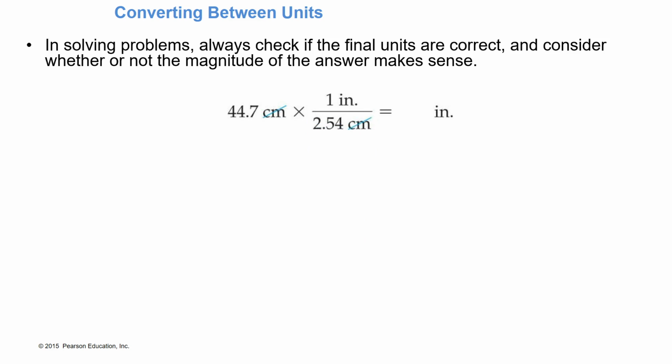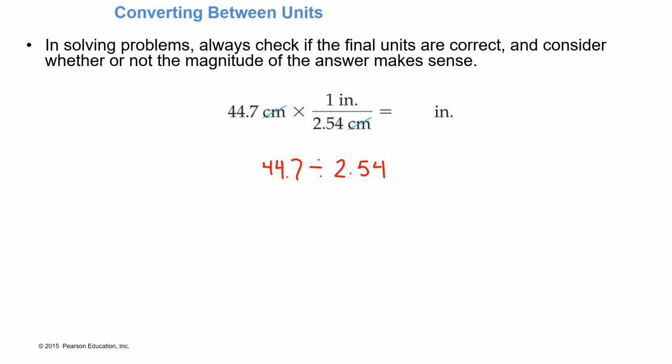Now, approaching this problem mathematically, essentially, what am I doing here? Mathematically, I'm just saying 44.7 divided by 2.54. Because if we do the whole thing, 44.7 times 1 is 44.7. And then I'm dividing by 2.54.